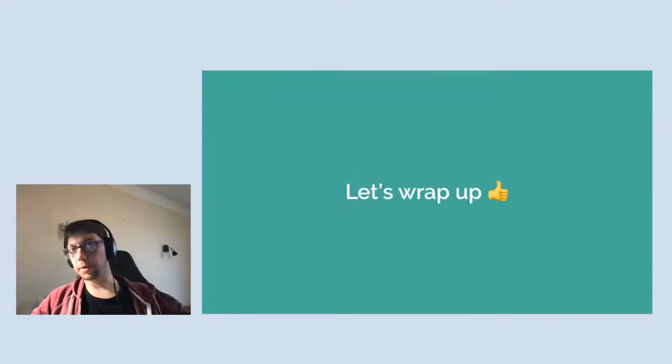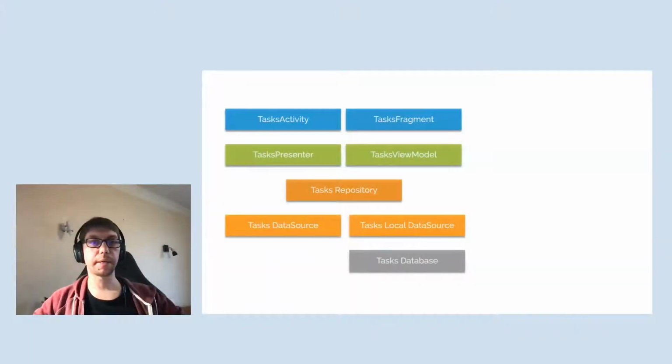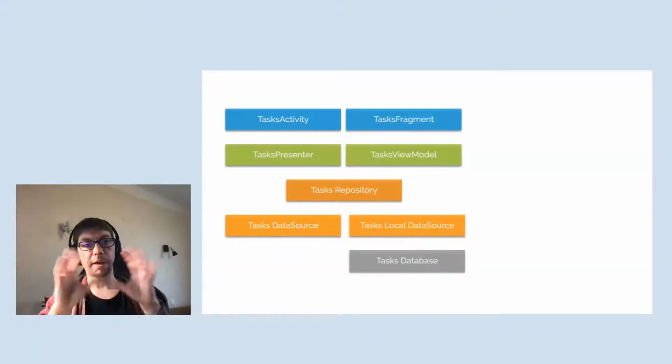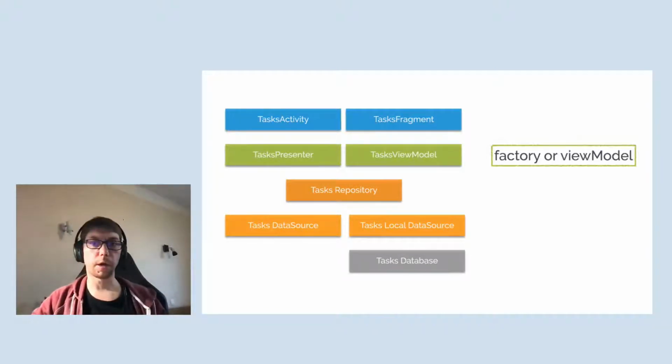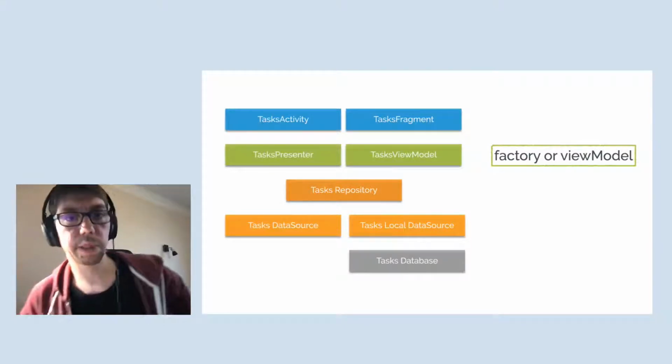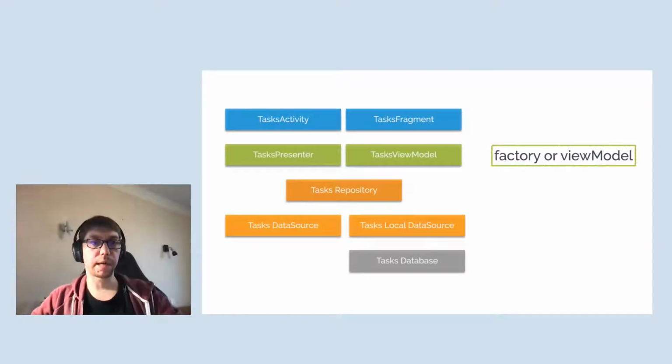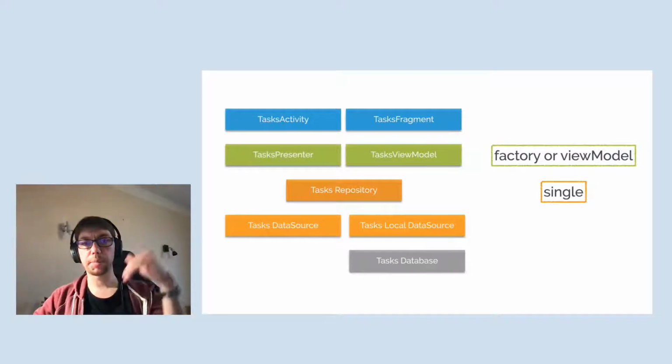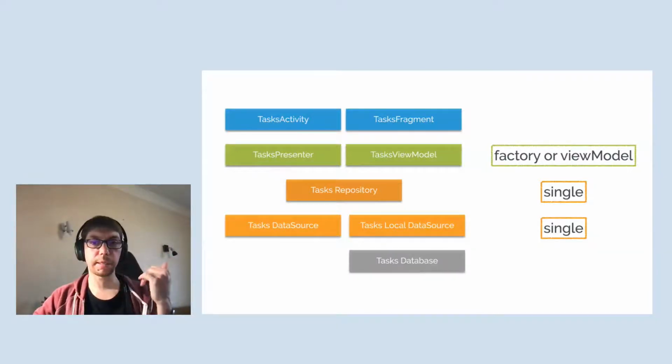Let's wrap up, because we have seen many concepts and components, and it's important to have the big picture in mind. This is our application. We have declared things for the presentation layer, things like view model and presenter, with the factory or viewModel keyword. Everything below is declared as a single instance.